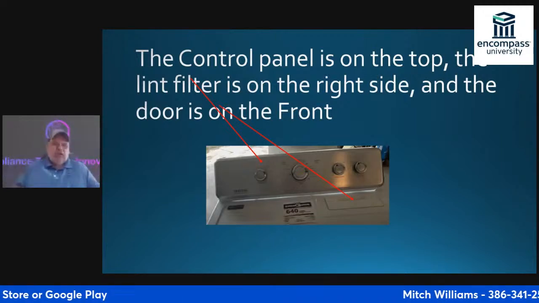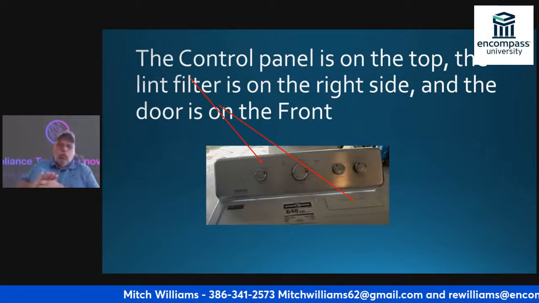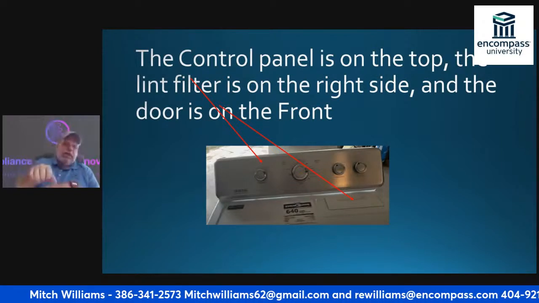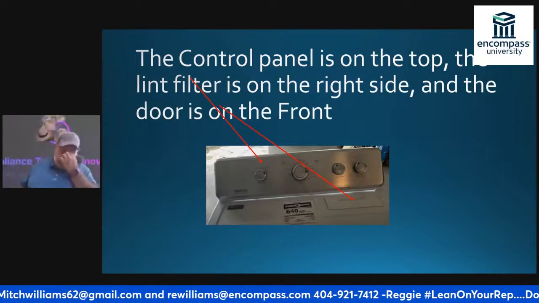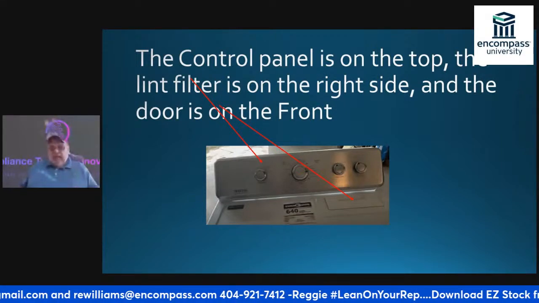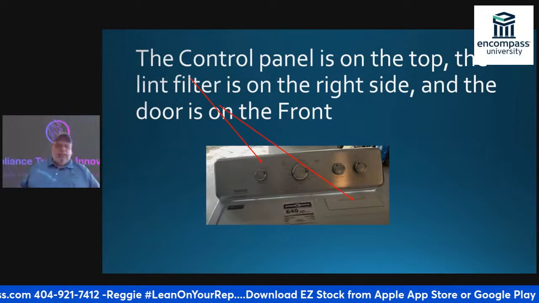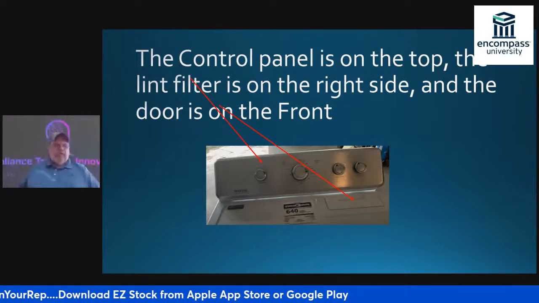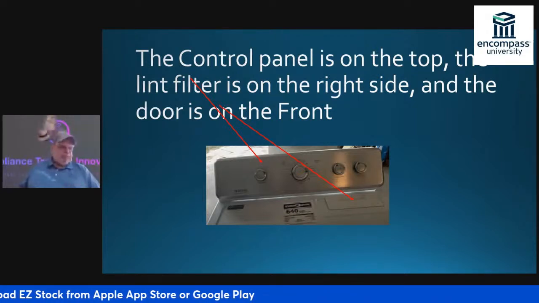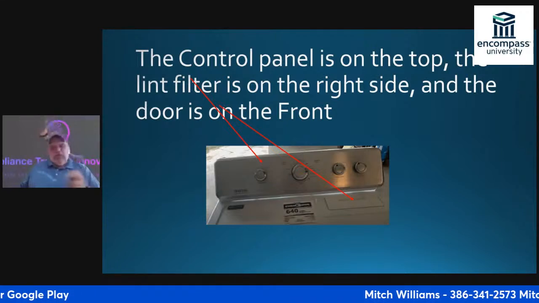The control panel is on the top, and the lint filter is on the right hand side, and it has a little door. I stick my hands into the door, and I can remove the lint filter. This needs to be done every single time that I put a load of clothes in. Why? Because if I do not clean the lint filter every time, I run the risk of a problem.